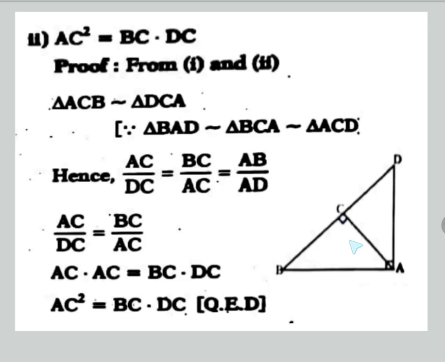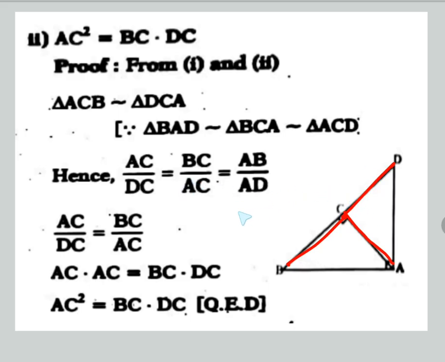And second one, AC square is equal to BC into CD, which we have to prove. From 1 and 2, we proved that ACB and DCA, these two are similar triangles, and ABD is also a similar triangle.